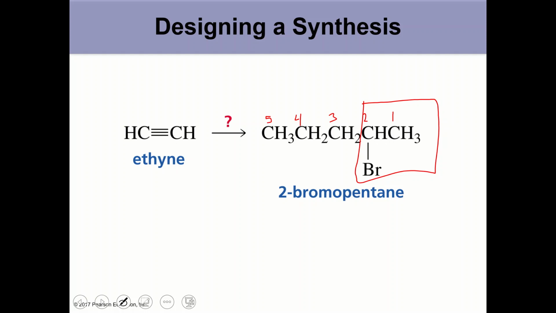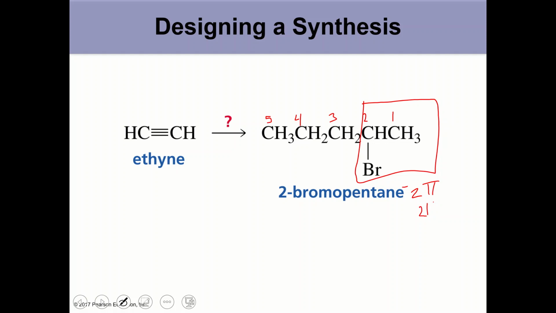I have 2 less pi bonds, so minus 2 pi, and what do I get in exchange for pi? I get 2 bonds.